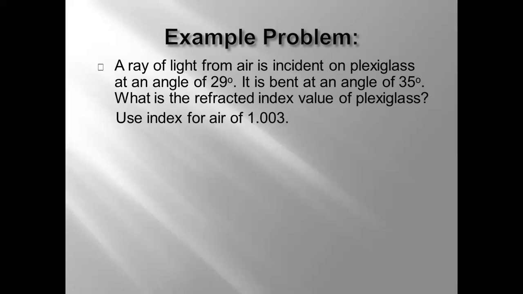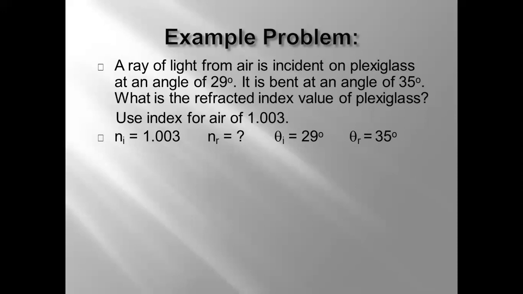In this problem, it's not at STP. Now let's define the given values or variables of this problem. Our Ni is equal to 1.003, whereas we have an unknown value for Nr.